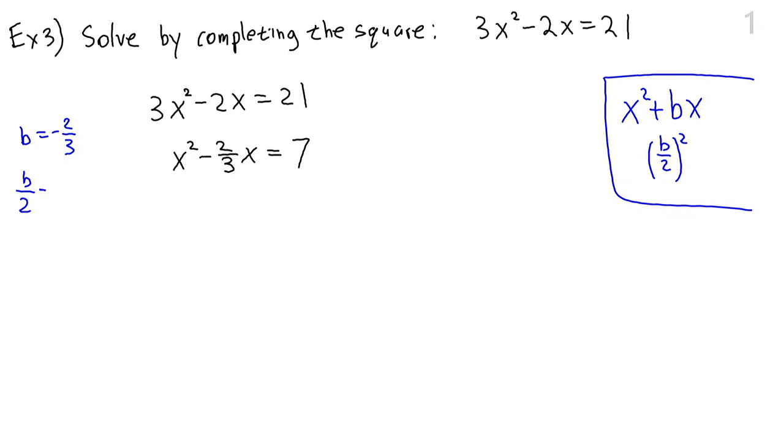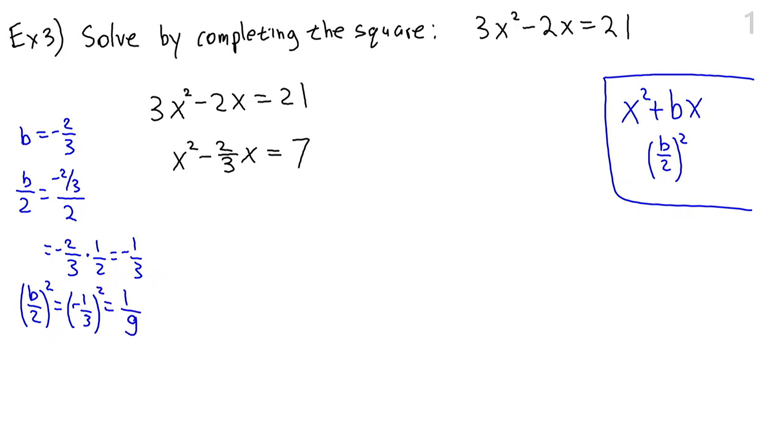That means b divided by 2 is negative 2/3 divided by 2, and that is negative 2/3 times 1/2, which is negative 1/3. And so b over 2 squared is negative 1/3 squared, which ends up being 1/9. Again, this is my little side computation here.